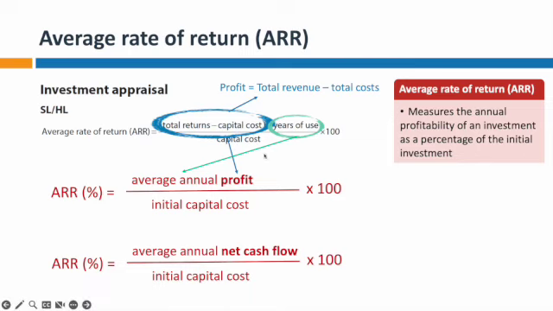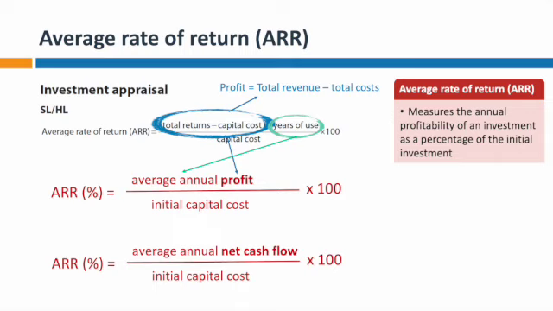Another thing I want to mention is the relationship between profit and net cash flow. The reason why some formulas show ARR calculated as average annual net cash flow divided by initial capital cost is just a simplification. We know from our previous units that profit does not equal cash flow or net cash flow, but in the investment appraisal unit, IB wants to simplify it for the students.